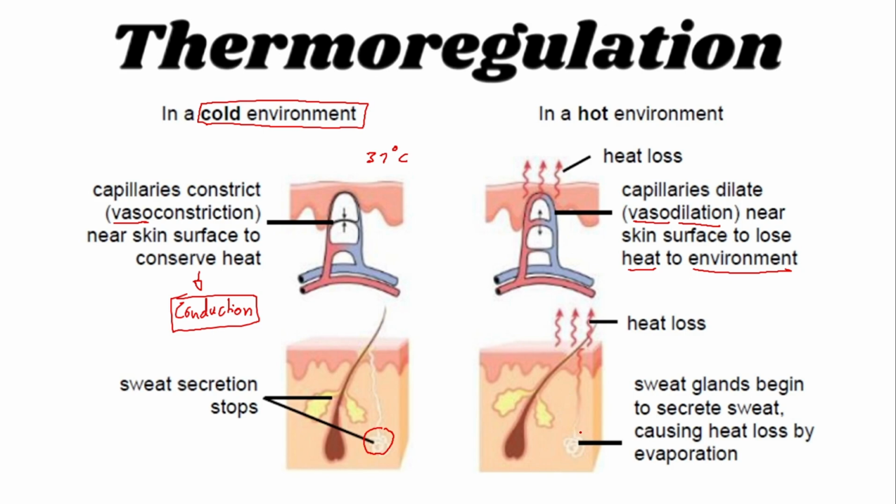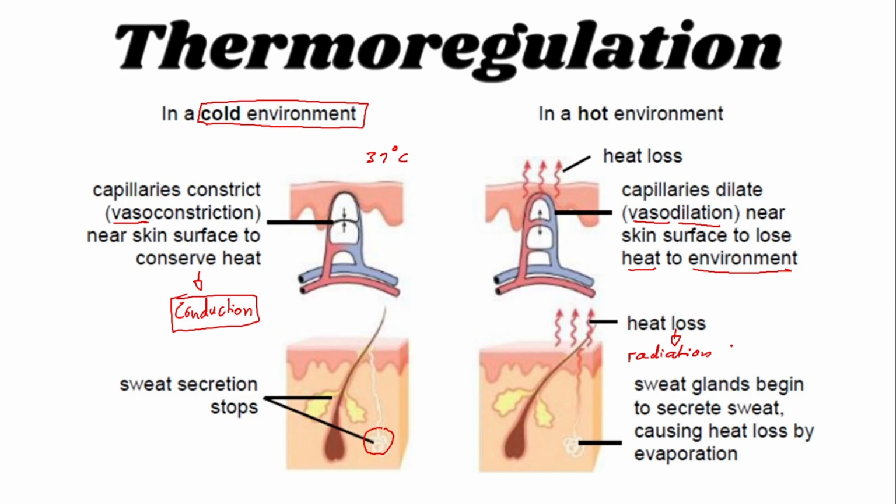The sweat gland will allow water. So there'll be water in your sweat glands that will basically evaporate once it comes into contact with heat. Okay, and we call that process radiation. Okay, so radiation is a process whereby heat actually gets lost when it comes into contact with the external air in order to cool down your body.